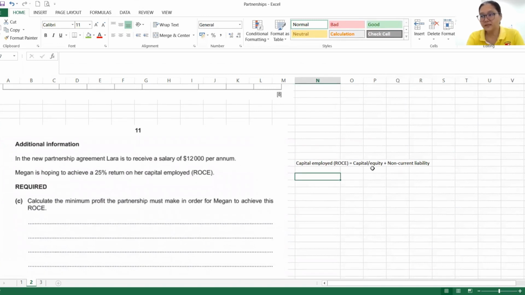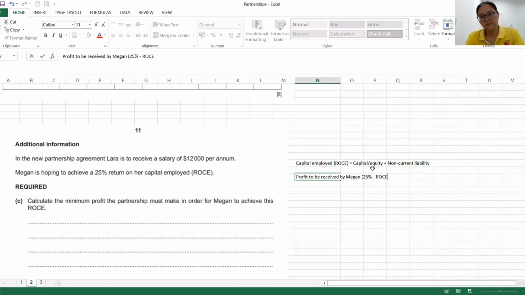So to find the profit to be received by Megan in order to get a 25% return on ROCE, the amount should be 25,800 times 25%, because this is the capital that she invested.